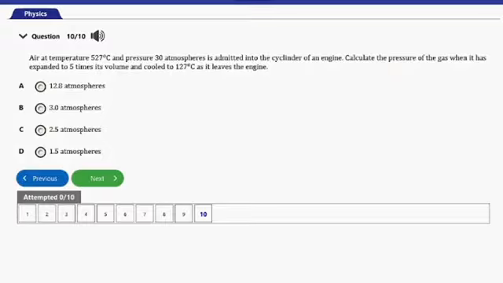So guys, in order for us to solve this, let's go ahead and use the formula P1 V1 over T1 is equal to P2 V2 over T2. So they said calculate the pressure of the gas when it has expanded to 5 times. So that's the final pressure, P2.